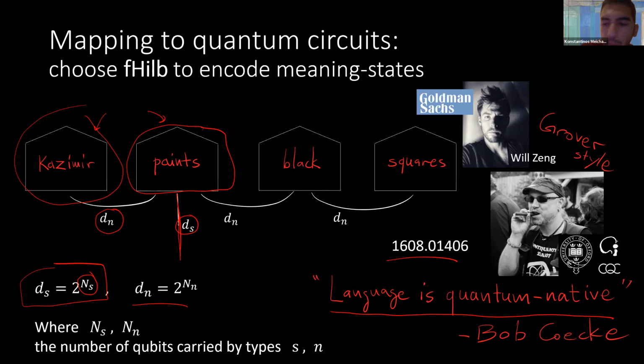For example, they were considering co-occurrence vectors. If they get really big, then maybe you can encode them in a logarithmic number of qubits, because Hilbert spaces grow exponentially when you put n qubits together. For n qubits, the dimension is 2 to the n. So they wanted to take advantage of this to encode high dimensional spaces in a small number of qubits.